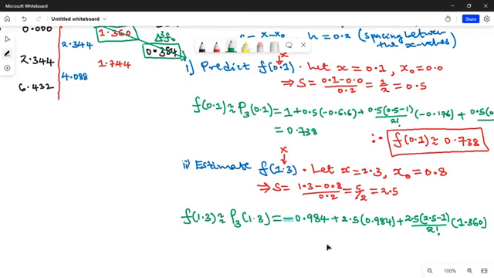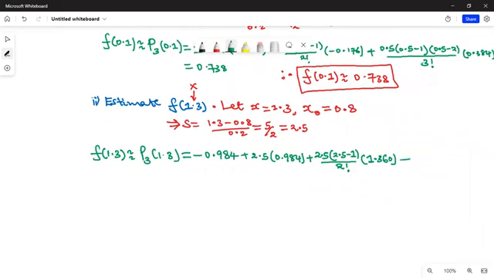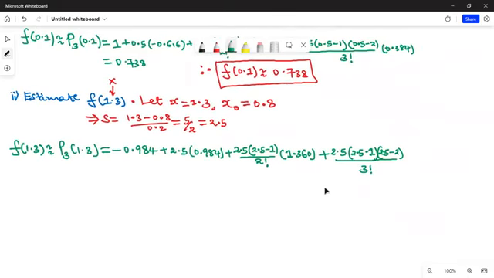The other term is plus s, which is 2.5, s minus 1 is 2.5 minus 1, then s minus 2, again 2.5 minus 2. So now you divide by 3 factorial times delta cubed f naught, which is 0.384.